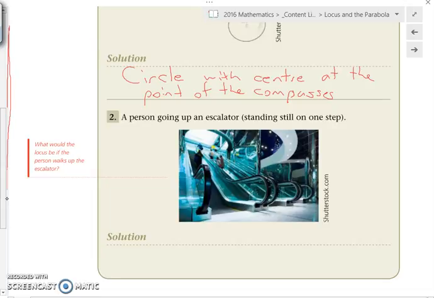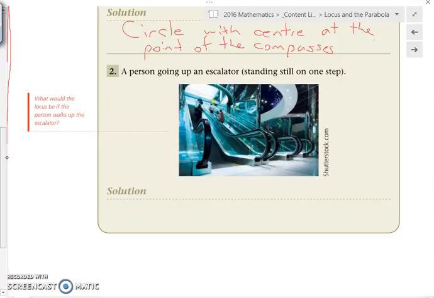pencil. All right, what would be the locus of a person going up an escalator standing still on one step? So we're not trying to draw it, we're trying to describe it.